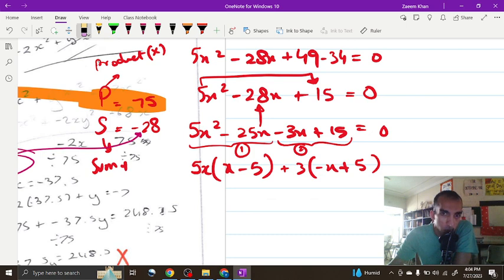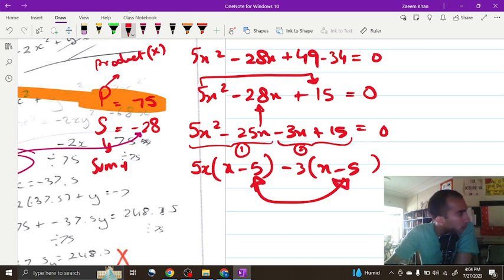We change the sign of positive 3 and make it a negative 3. What would that do? It will essentially change every sign inside the bracket. So that will become x minus 5. Now we've made the brackets identical to each other. That goes to show our factorization is correct so far.